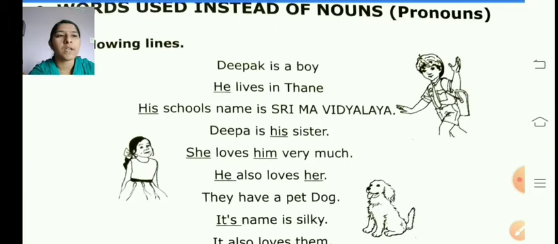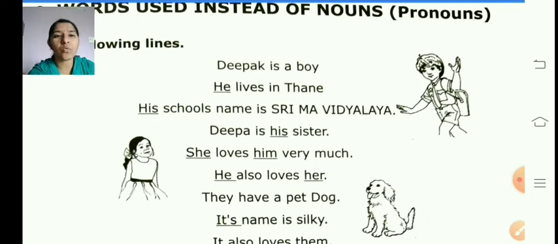Since we use he for boys, when you want to talk about something about boys, we will say he is doing this, like that. So instead of Deepak, here we are using he. He lives in Thane. Deepak is a boy. He lives in Thane.